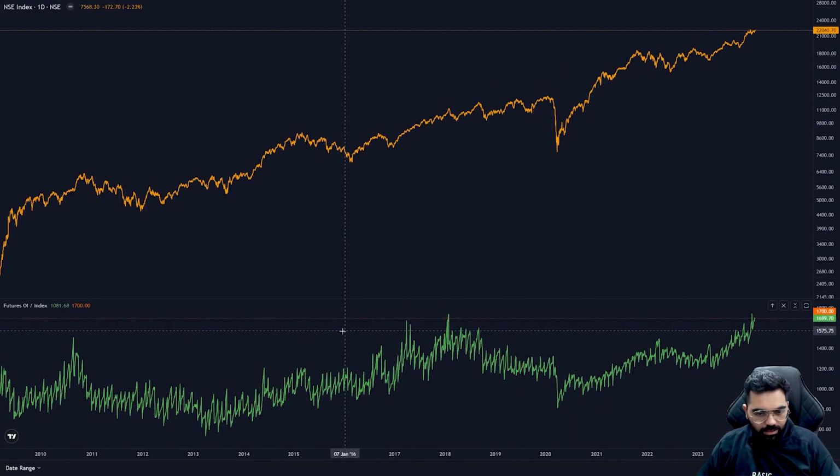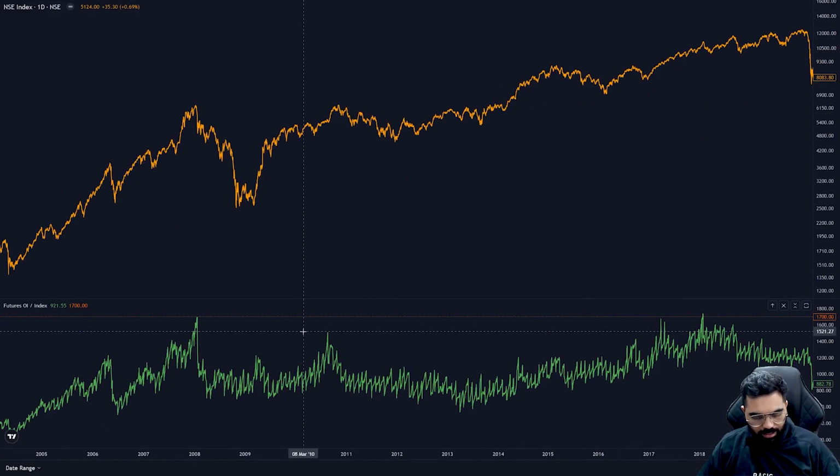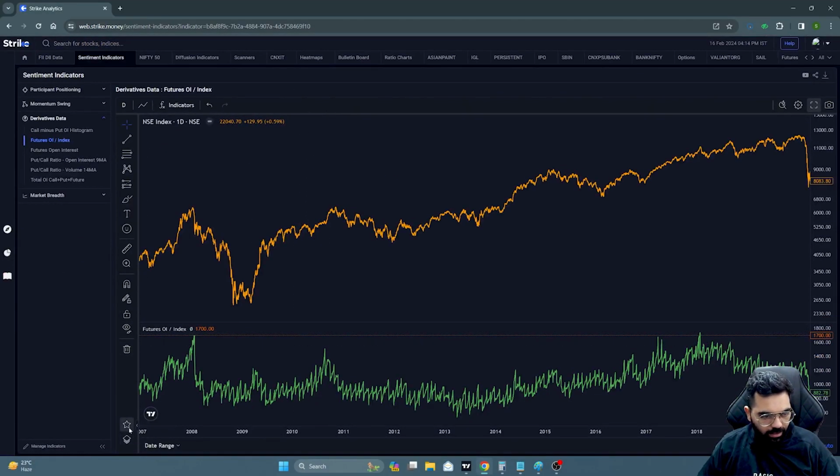But on this chart, if you just zoom out and take a perspective, let me do some markings.